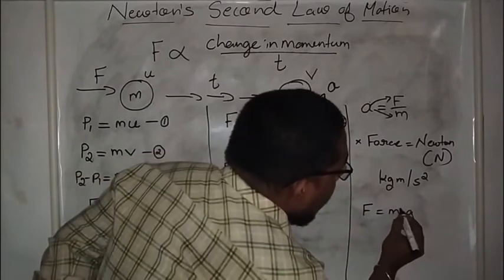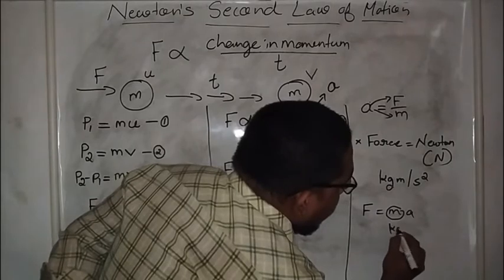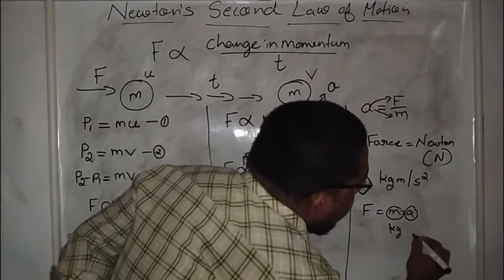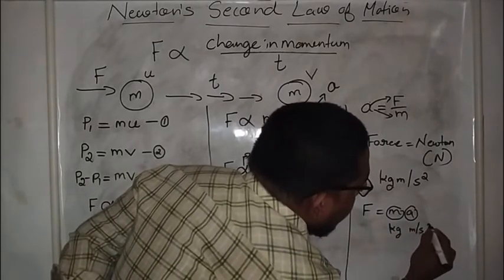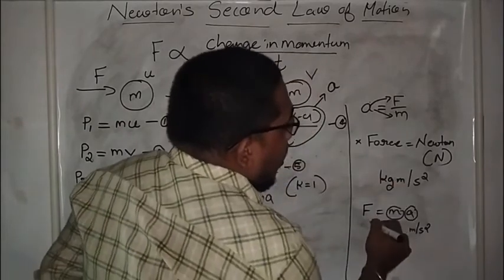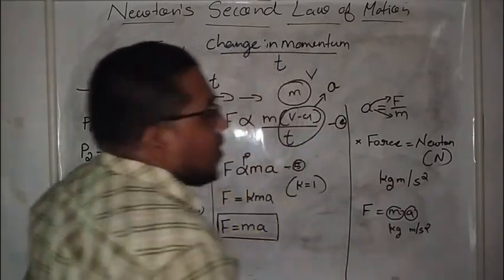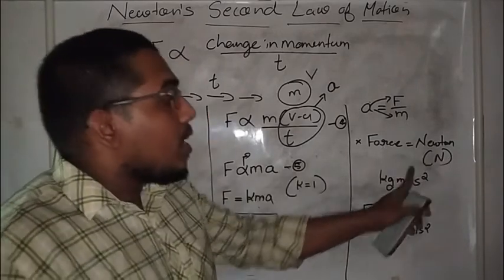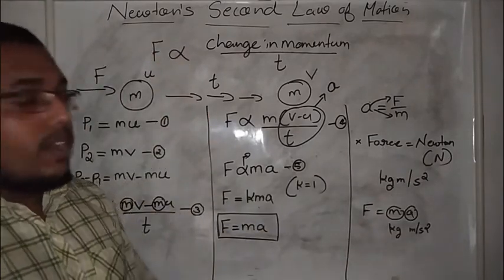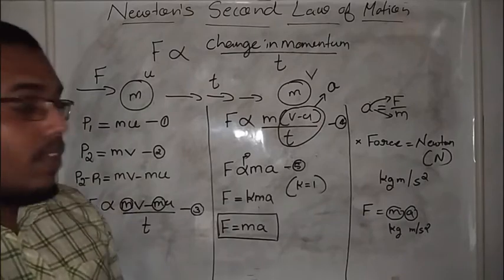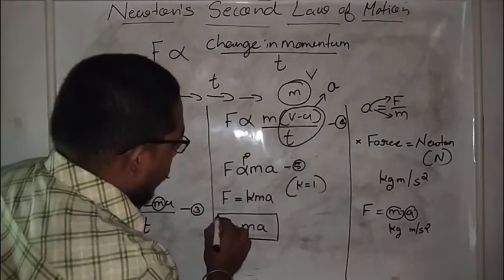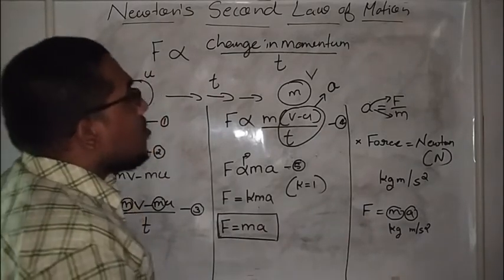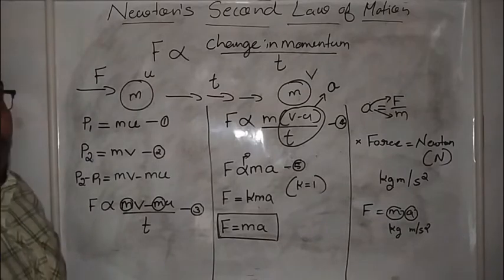We know that the SI unit of mass is kilogram and the SI unit of acceleration is meter per second square. Therefore, F is equal to kilogram meter per second square. So the SI unit of force is Newton or kilogram meter per second square. Both are correct. So these are the points about Newton's second law of motion.